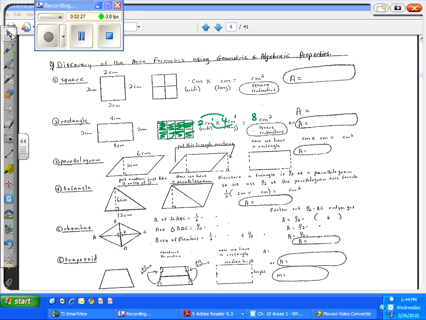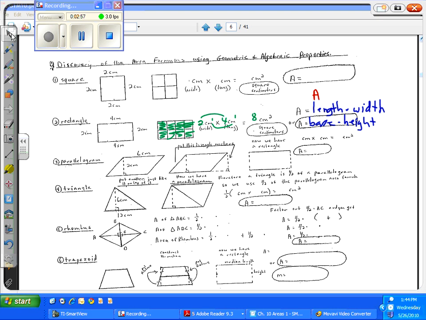There's two ways we can write the formula for area. We could say area is equal to length times width. You multiply the dimensions. Or we might say that area is equal to base times height.